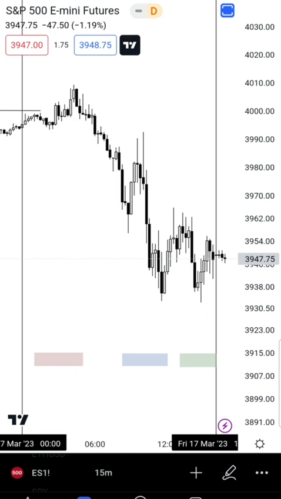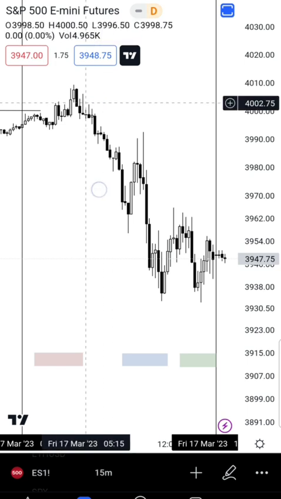Now, as soon as you get a bearish order block on a 15-minute time frame at the end of London session, then it's reasonable to expect the high of the day, at least until New York is in. All right. So that's why I sold right here.